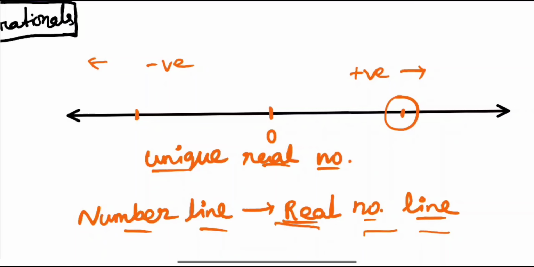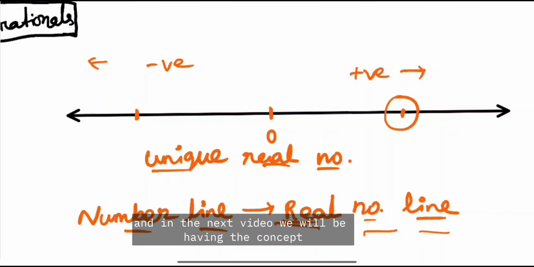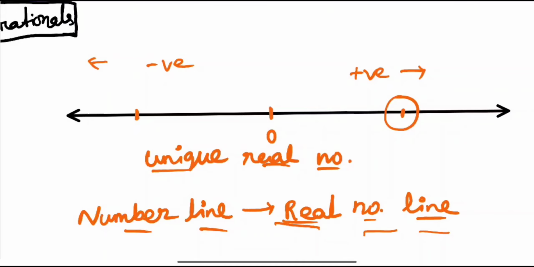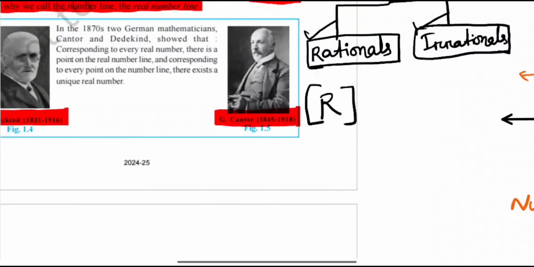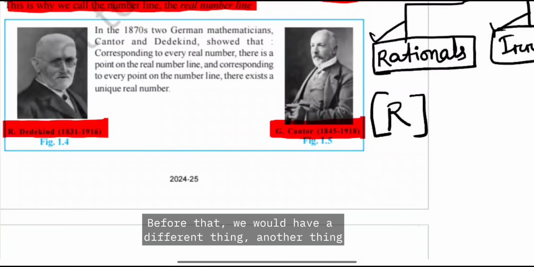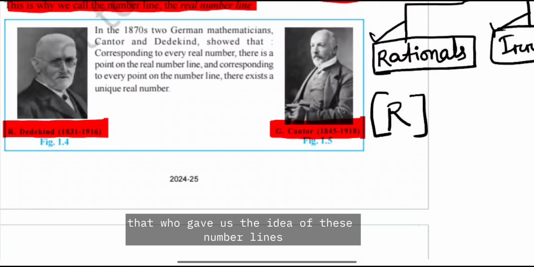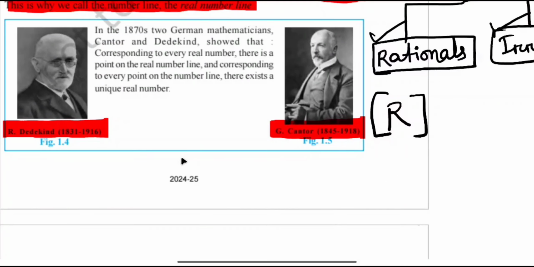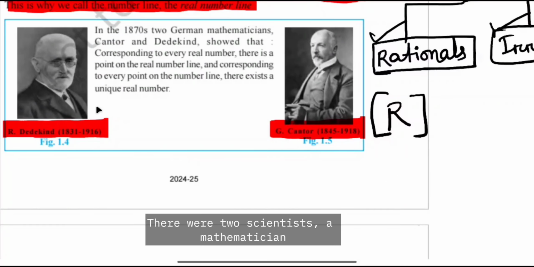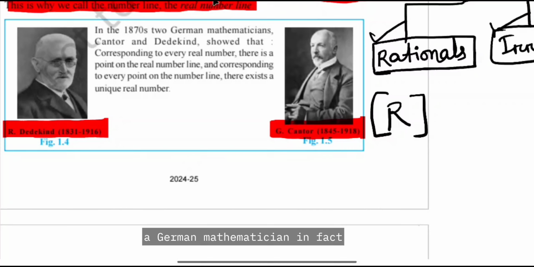Along with this we shall be winding up this video, and in the next video we will cover the related concepts. Before that, another thing: who gave us the idea of these number lines? There were two mathematicians, German mathematicians, one was George Cantor.